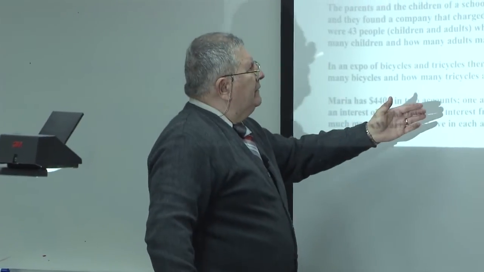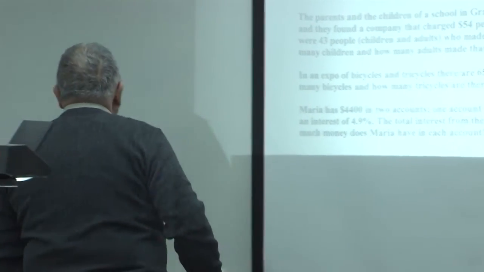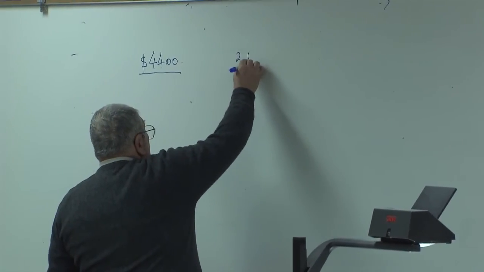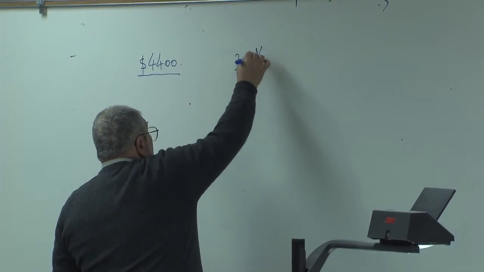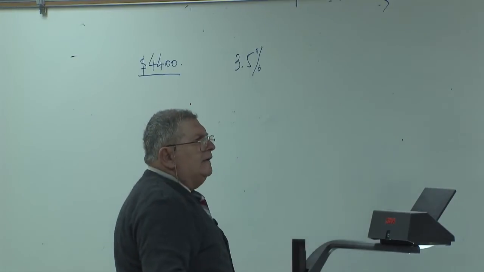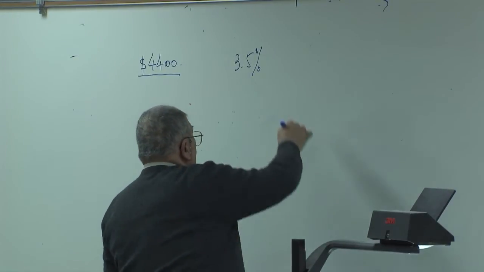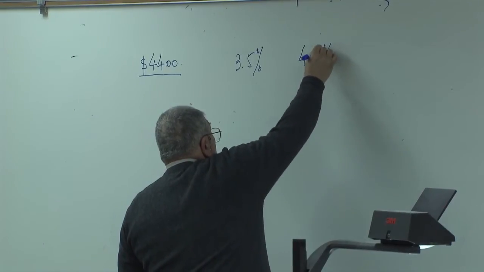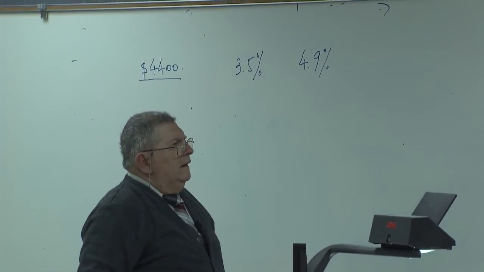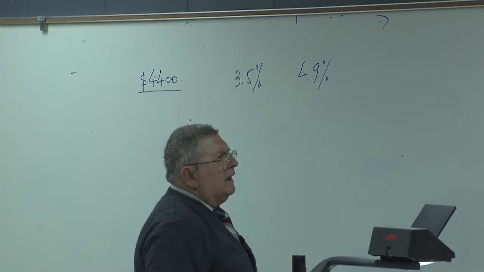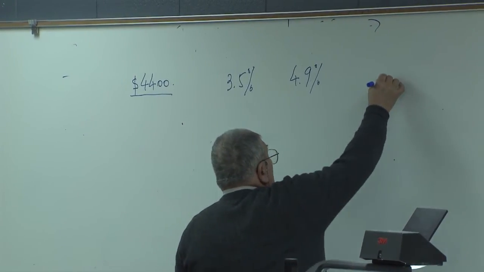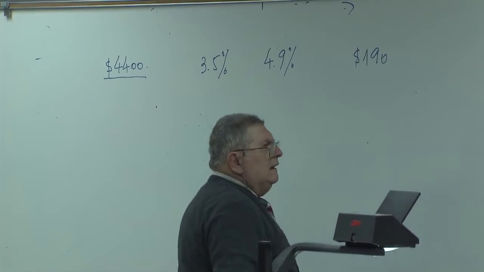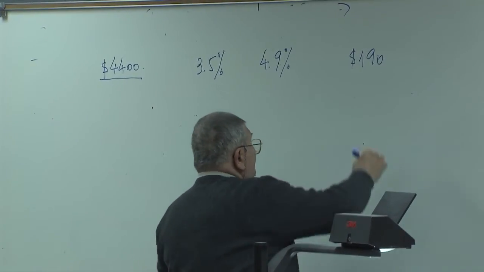One account gives 3.5% interest, and the other account gives 4.9% interest. The total interest for the 2 accounts was $190 and 40.